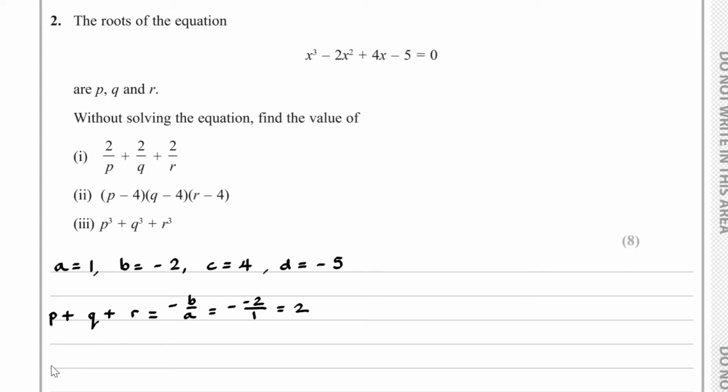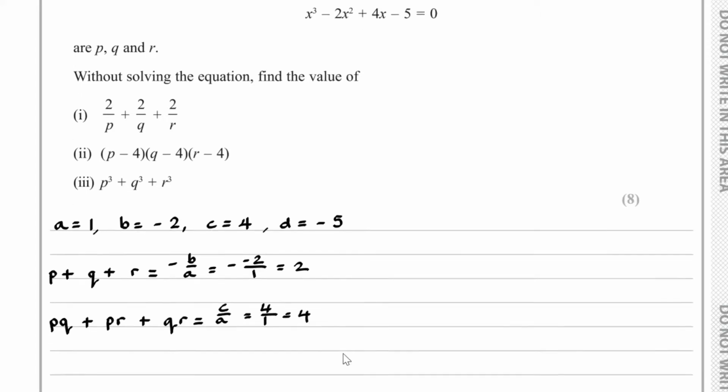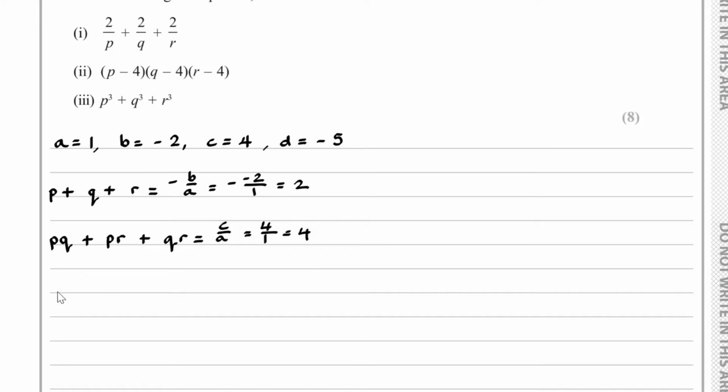We can now find the pair sum. pq plus pr plus qr is equal to c over a. 4 over 1 is equal to 4. And now we can find the product pqr, that's equal to minus d over a. So we have minus minus 5 over 1, which is 5.